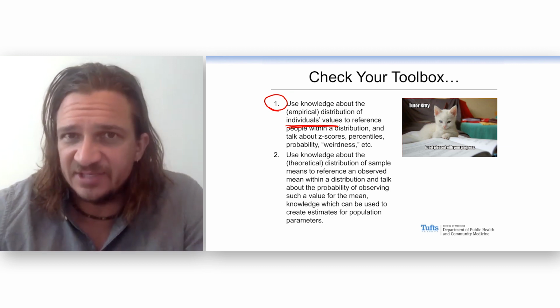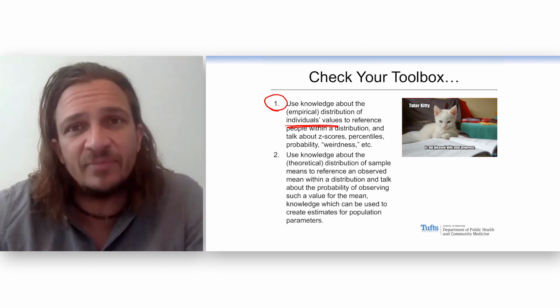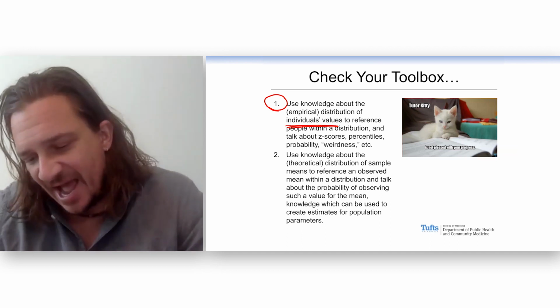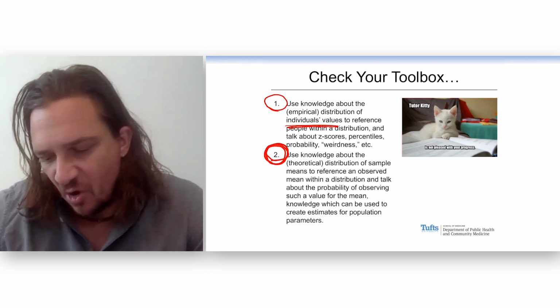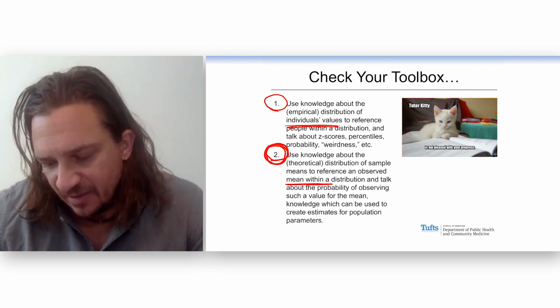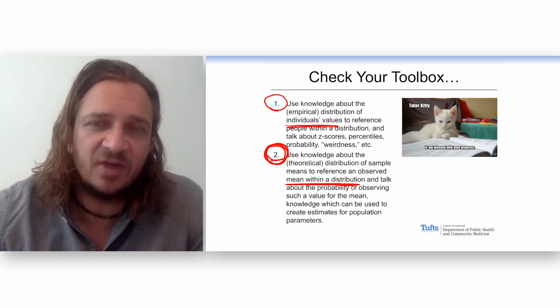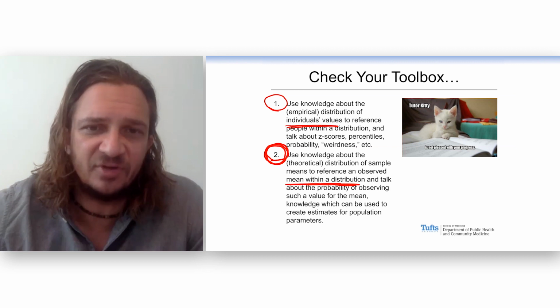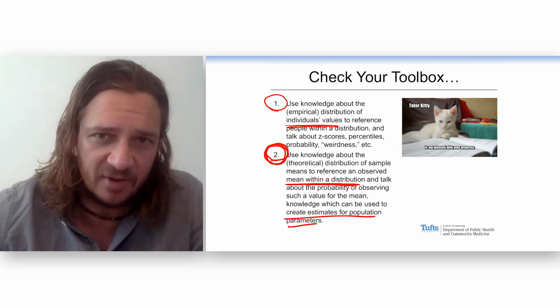We built off of this to talk about the distribution of means, and specifically the sampling distribution of means. And now we can think about that theoretical distribution and say, what is the relationship of a mean within its distribution, and how can we use that sampling distribution of means to create estimates for population parameters?